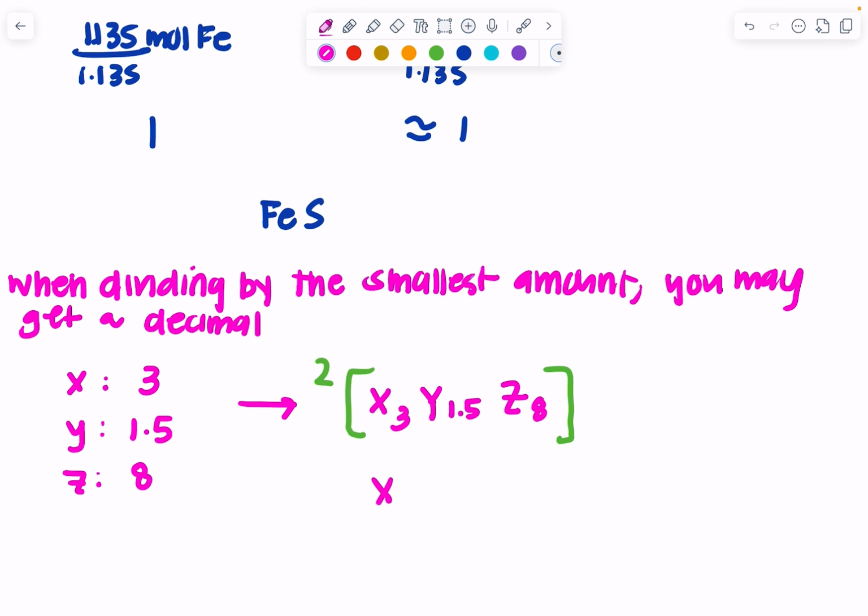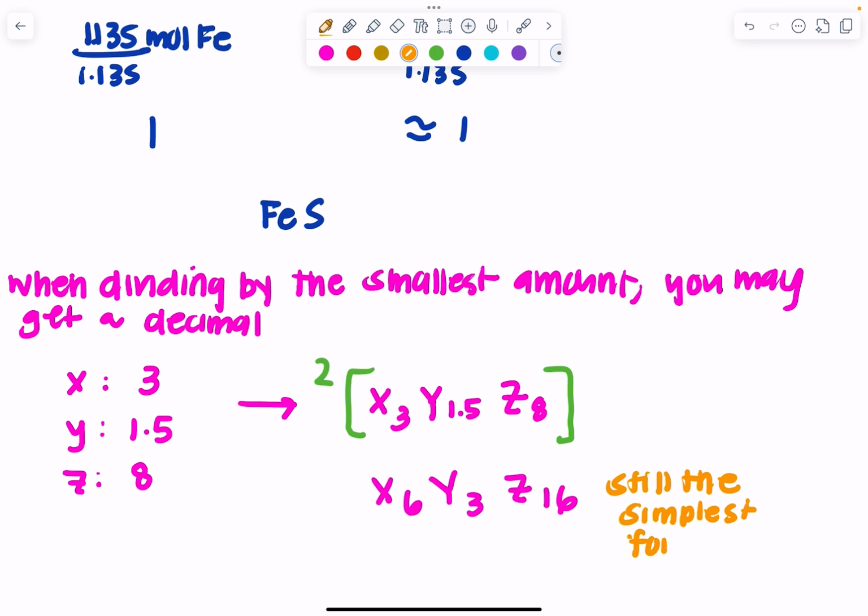So our new empirical formula is X6, Y3, Z16. This is still the simplest. You cannot divide 16 by 3. So it's still the simplest formula. It's still an empirical formula. Okay, you might see this on your homework, so be careful.